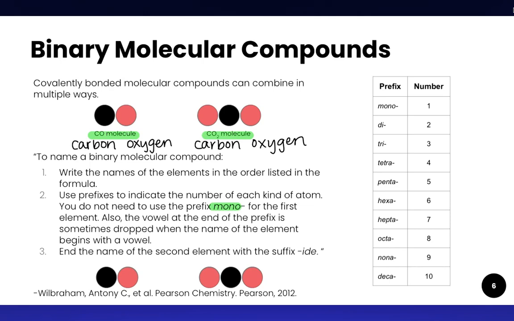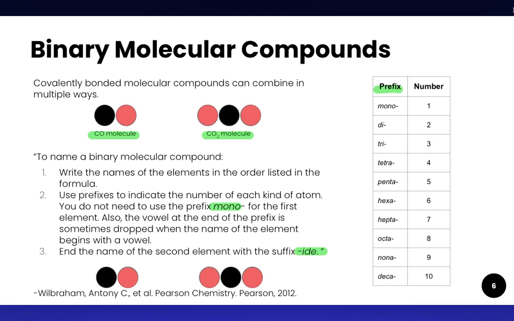And also, the vowel at the end of the prefix is sometimes dropped when the name of the element begins with a vowel. So oxygen begins with a vowel, so you would leave off the vowel in the prefix. And finally, you end the name of the second element with the suffix "ide."